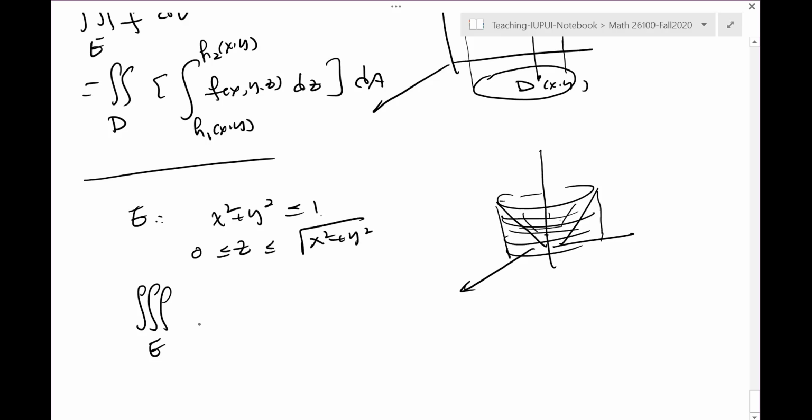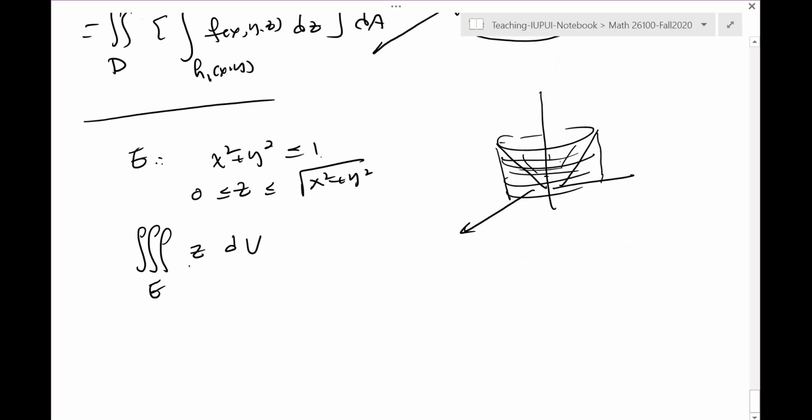If you want to evaluate a triple integral of a function, let's say it doesn't matter, z or x, let's use z, dV. In that case, step 1, you need to describe D. D is the projection of the solid onto the xy-plane. That will be just x squared plus y squared less than or equal to 1.